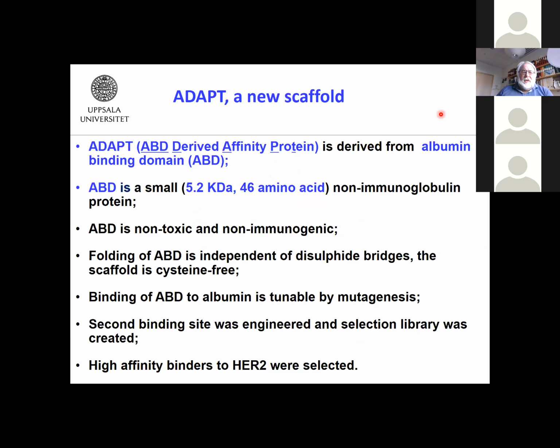So, ADAPT is based on the albumin binding domain of protein G. The nature of protein G is similar to the nature of protein A. So it's a defense or camouflage of streptococci against the immune system. Streptococci express an albumin binding domain.